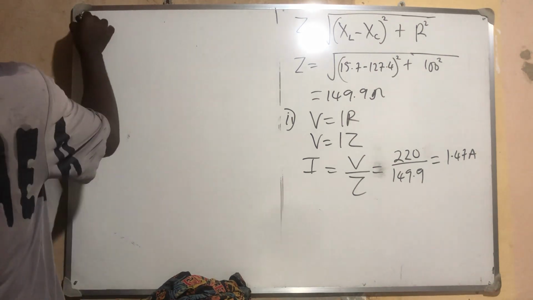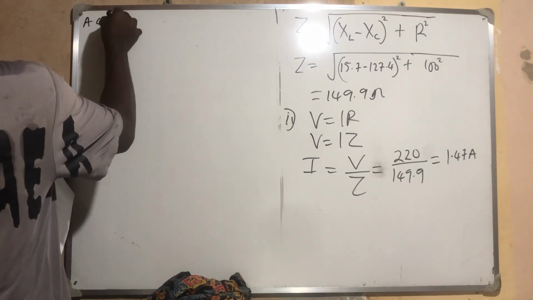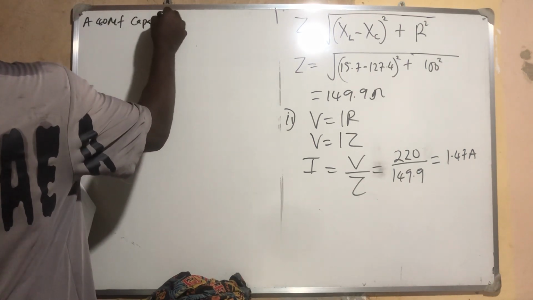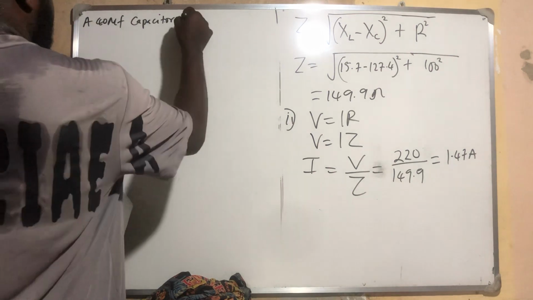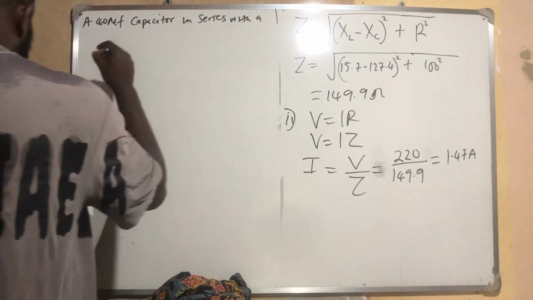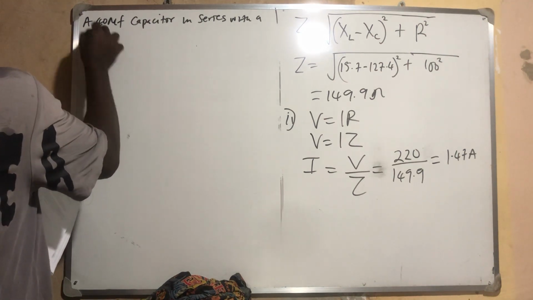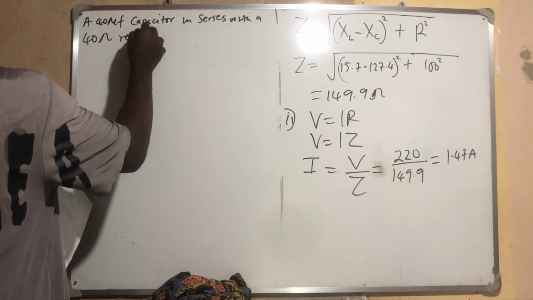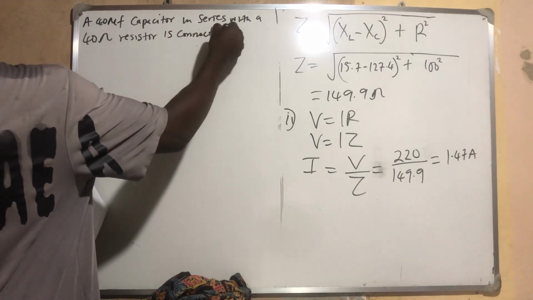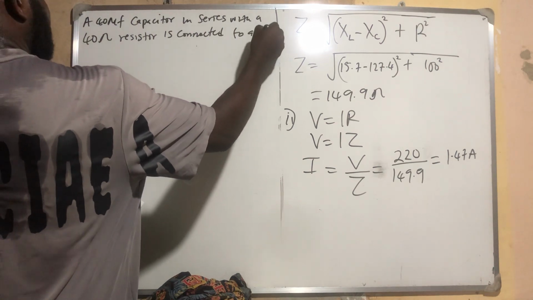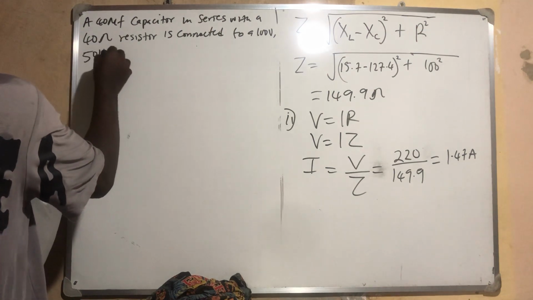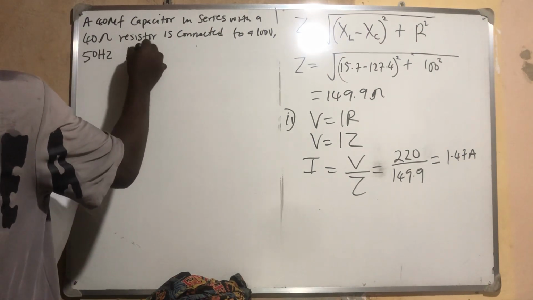So the next question said a 40 farad capacitor in series with a 40 ohms resistor is connected to a 100 volts, 50 hertz AC supply.